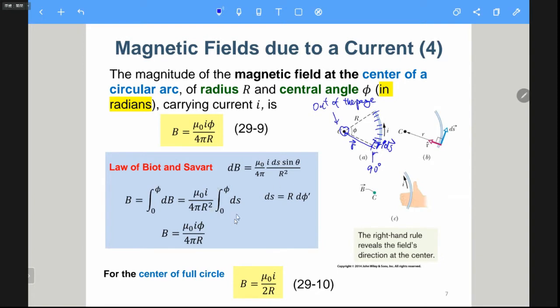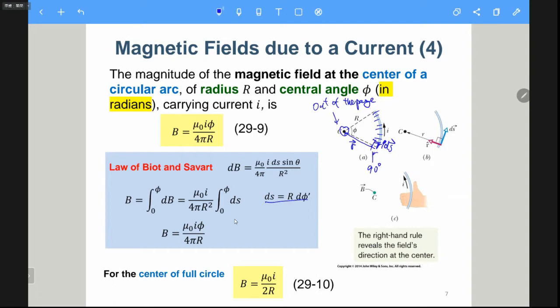We need to only integrate 0 to phi of ds, and ds is r d phi prime. Okay. So we just substitute the variable.